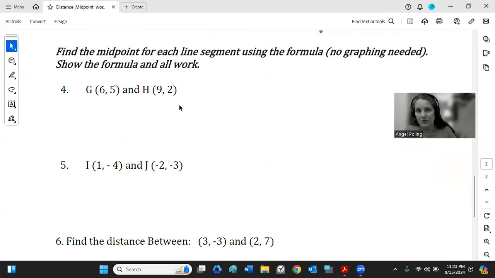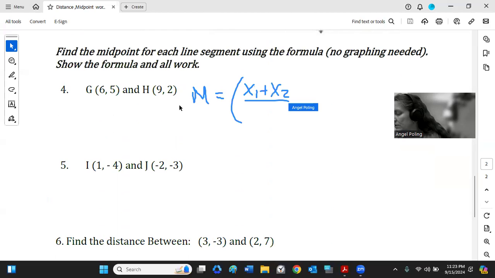And we already looked at the formula, but let me write it down for us. The midpoint is x1 plus x2 divided by 2, comma, y1 plus y2 divided by 2.